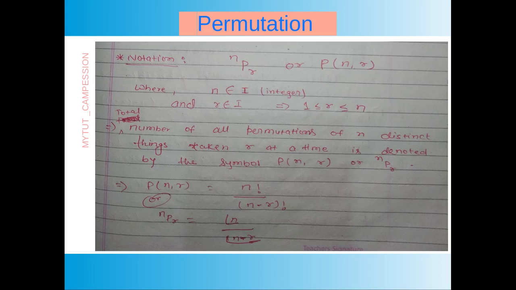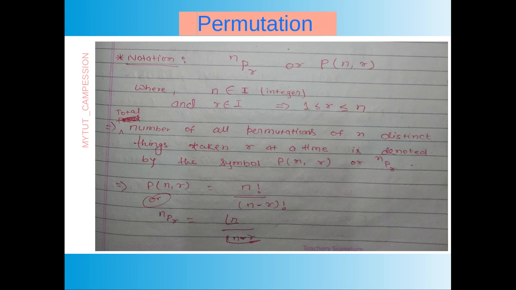Now, the notation of permutation: nPr, or P(n, r), where n is an integer and r is an integer from 1 to n.